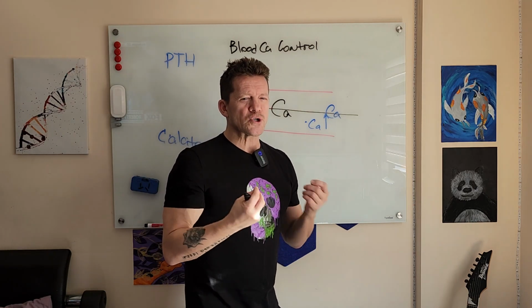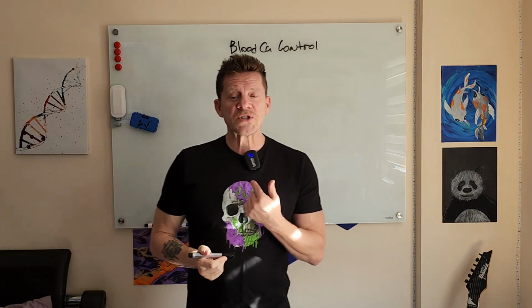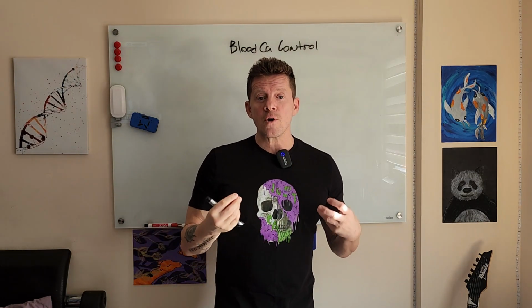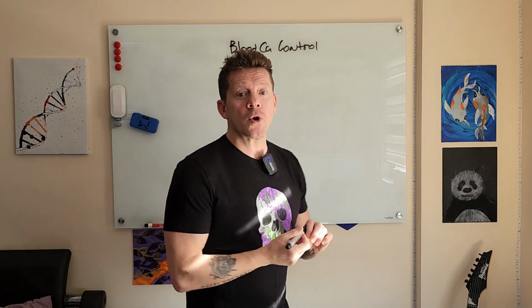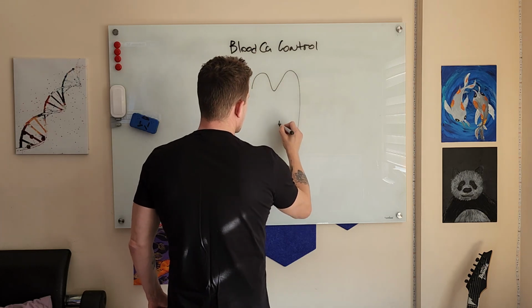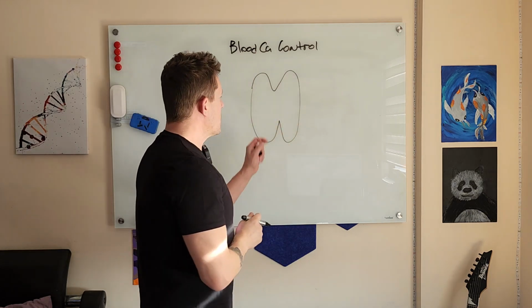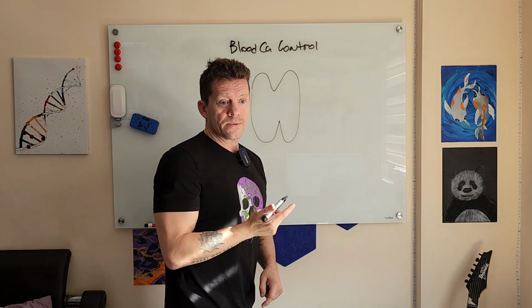Where do we get those two hormones from? So let me erase this. So within our system, we have a gland, and the hormones are being released by the gland. So the one gland is called thyroid gland. So the thyroid gland looks like this. So there's a thyroid gland and there's a parathyroid gland.